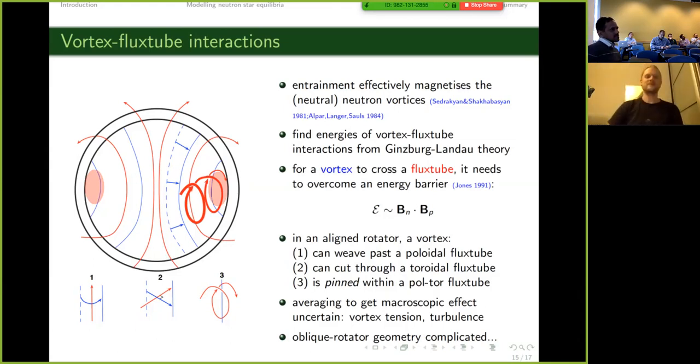I don't know if you can relate how much pinning you get with how much helicity you have, but the two zero-helicity configurations are the two ones that you can get through without an energy penalty, and only in the region of non-zero helicity do you get stuck? I'm not sure if there's anything more profound than that, but it would be kind of nice if one could relate how much pinning you get with the helicity, but other than that, I don't really have anything very profound to say.